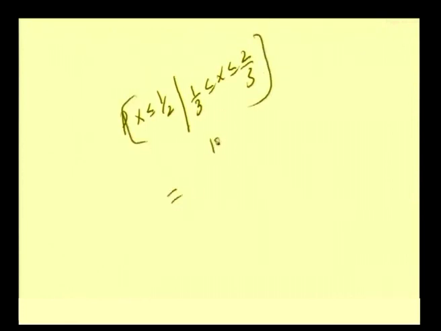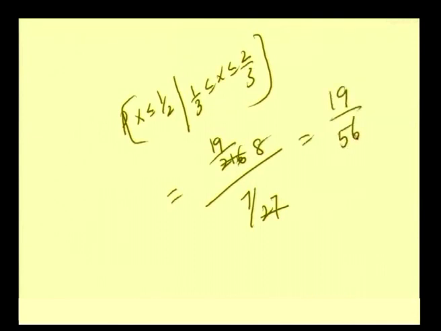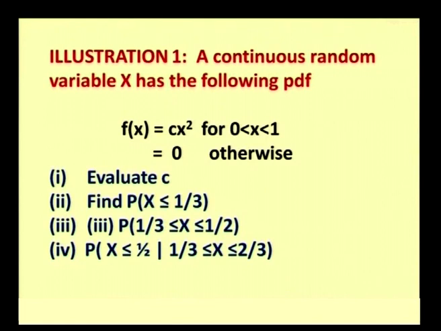Ultimately, P of x less than or equal to 1 by 2 given 1 by 3 less than or equal to x less than or equal to 2 by 3 is equal to 19 by 216 divided by 7 by 27, and the simplified answer gives you 19 by 56. We have got the answer for this conditional probability.